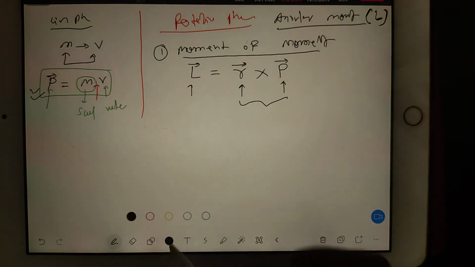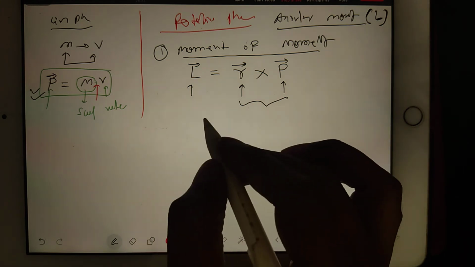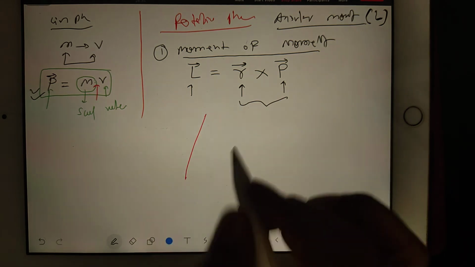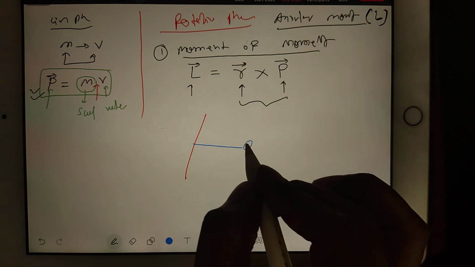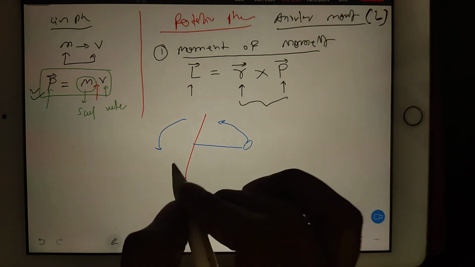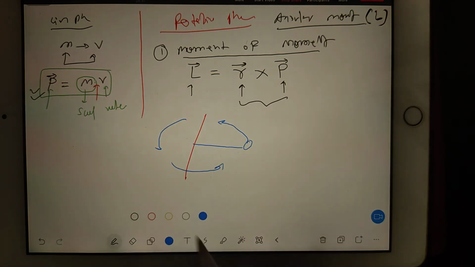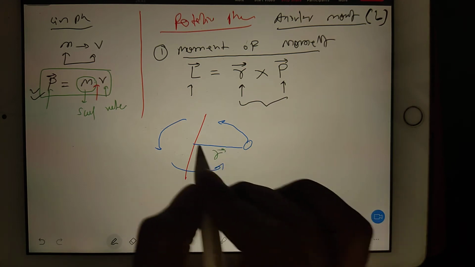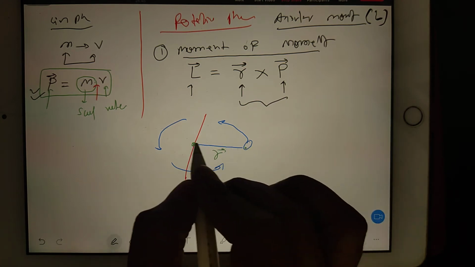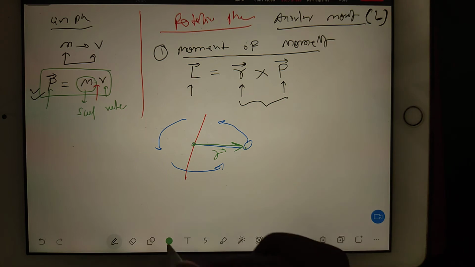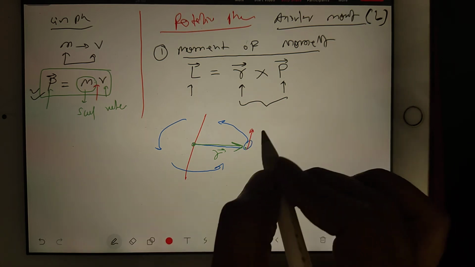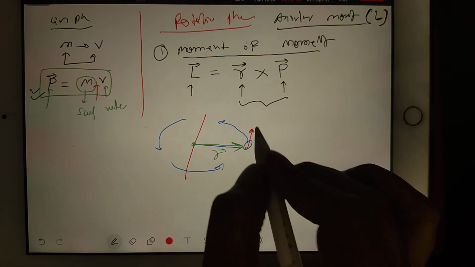What does it mean? Suppose this is the line and some object is revolving around this, like this. At how much distance the object is tied, that distance you put in this direction, and in which direction is it having velocity? In this direction it is having velocity.